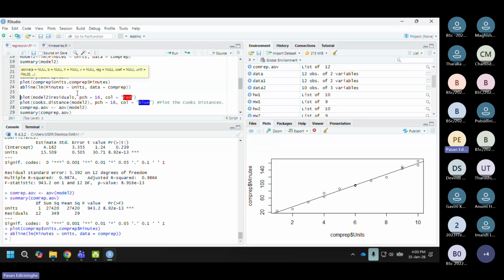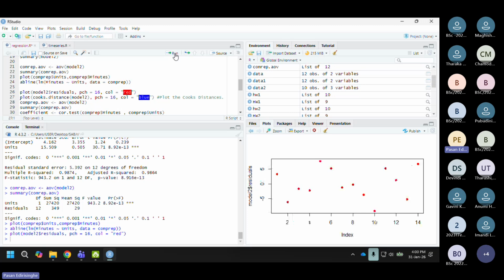And then of course, now we discuss our assumptions. Whenever you're doing regression analysis, we have to check the assumptions. So this is how we can check the assumptions. So this is the plot of the residuals.